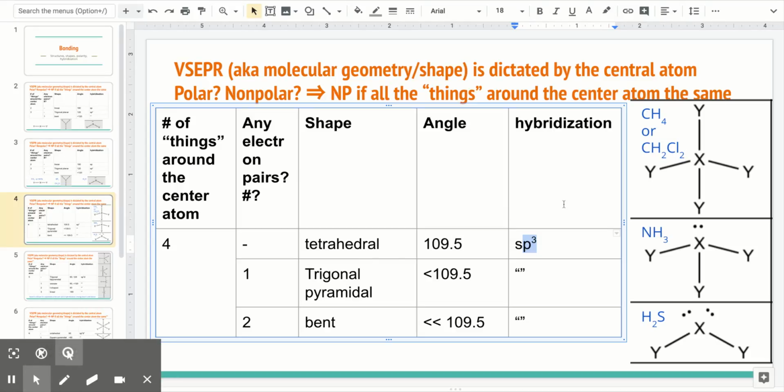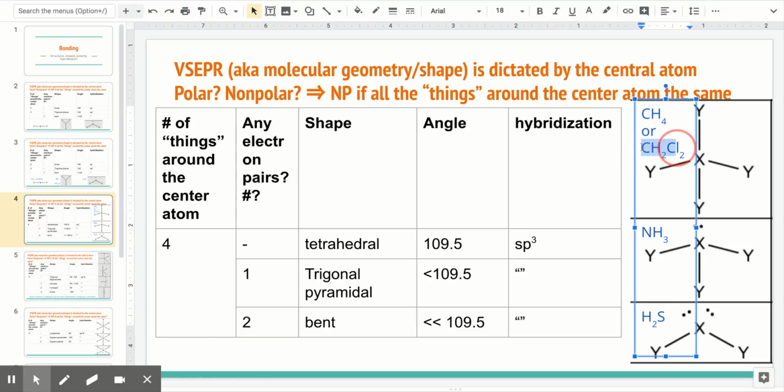Okay, we can imagine you have carbon in the middle, and then 2 of those are going to be H's, and 2 of those are going to be chlorines. Are all 4 things around the center atom the same? No. 2 are hydrogens, 2 are chlorines. So this one would be polar. Okay, those dipoles are not all going to cancel out. So that one is polar.